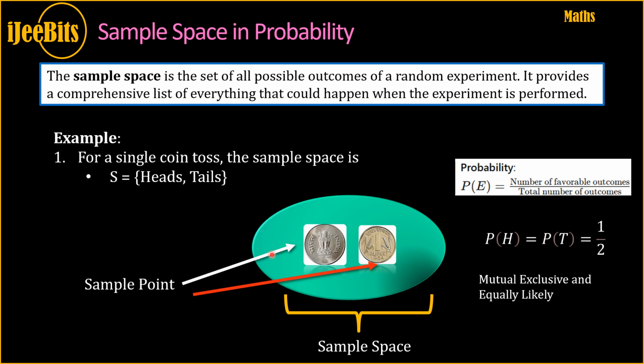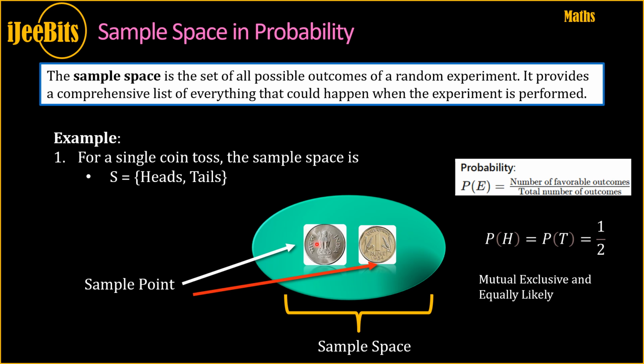So if you look at this experimental space, when you toss the coin, let's say you got a head, one instance. The other instance would be a tail. So the head and the tail are the two things that are going to come as an outcome in your experiment.